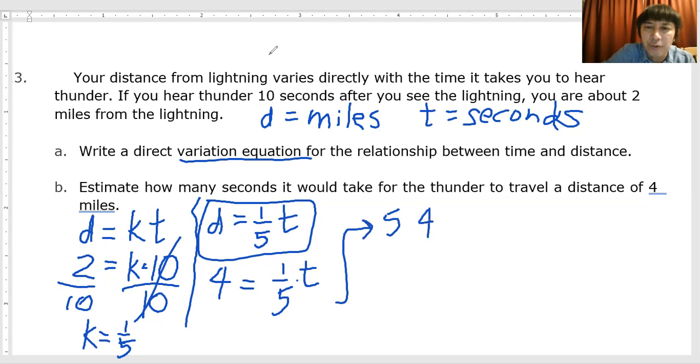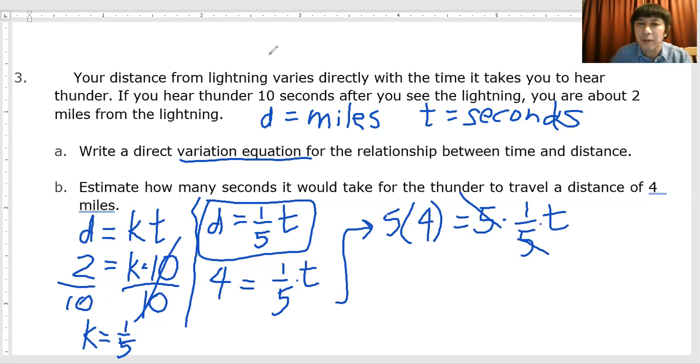5 times 4 is equal to 5 times 1/5 t, multiplying both sides by the 5. Okay, so this cancels out, and we have a 20, and this is equal to t.